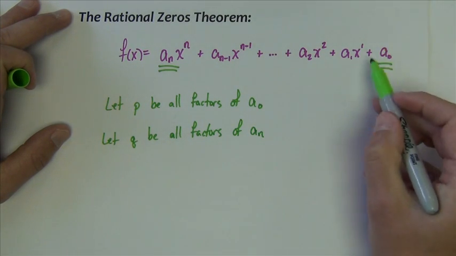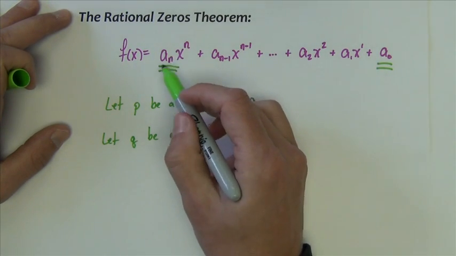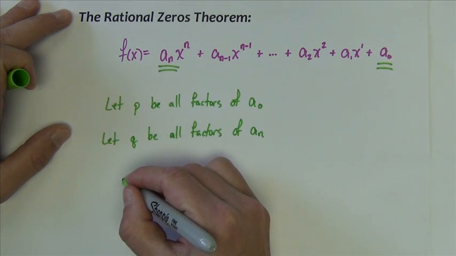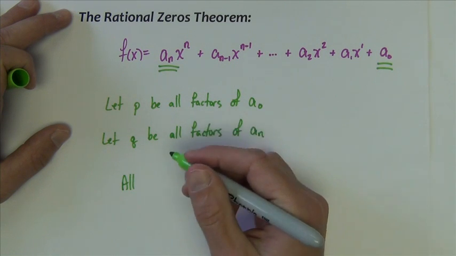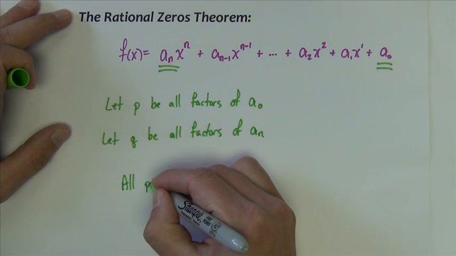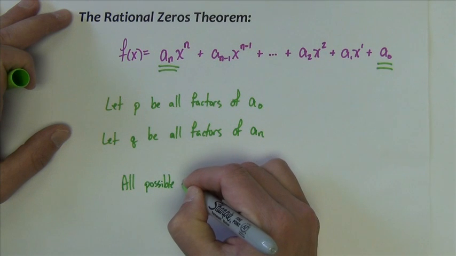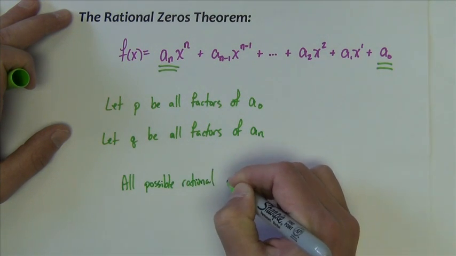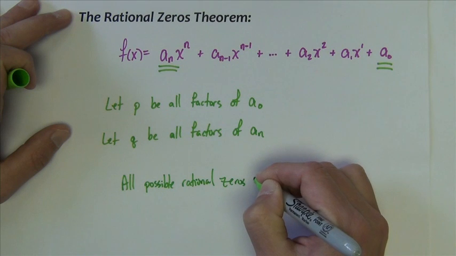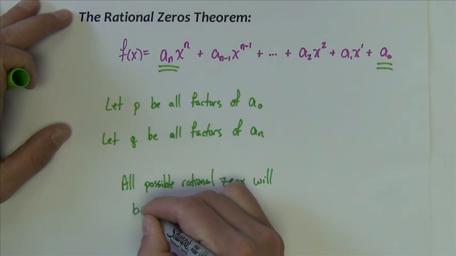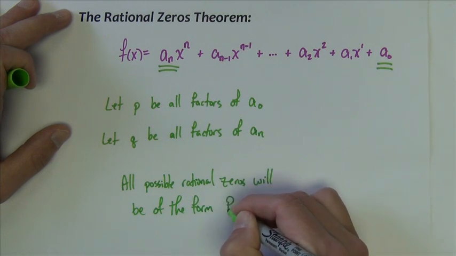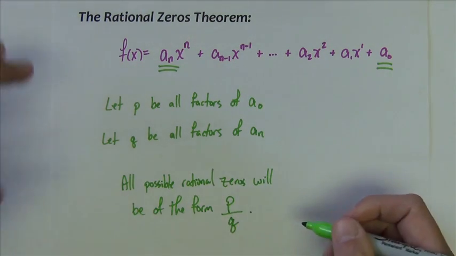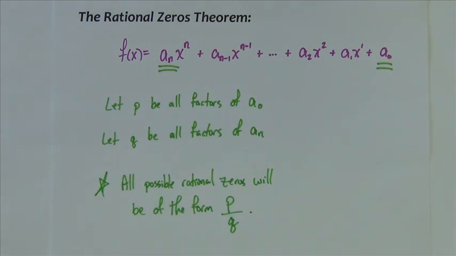So we list out all the factors of this number and all the factors of this number right here, and then we can say that all possible rational zeros will be of the form p divided by q.